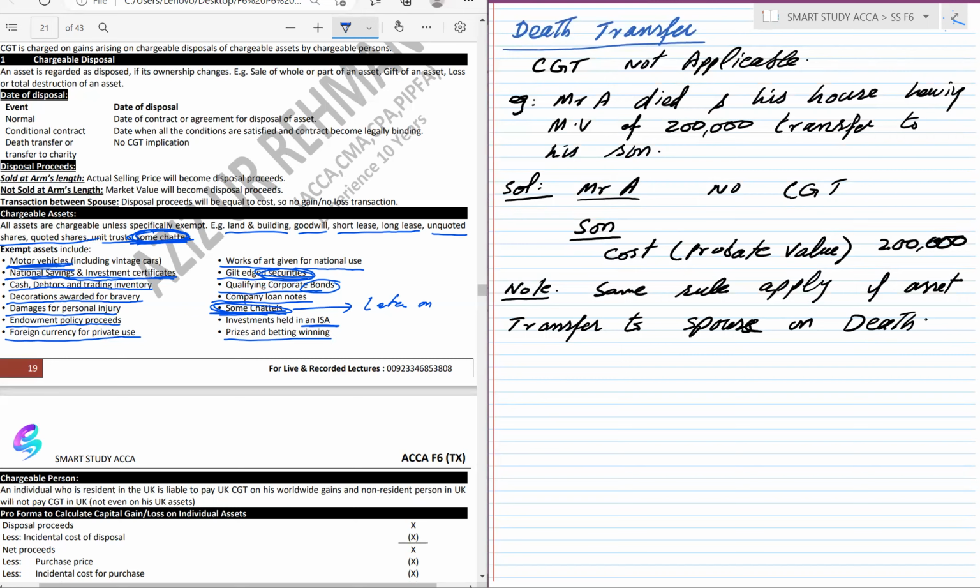For the wife, cost will be probate value, just like this example. So if in this example, instead of the son, Mr. A transfers the house to the wife, the same rules apply. Cost of the wife will be £200,000 as well. So this is the point on death transfers.